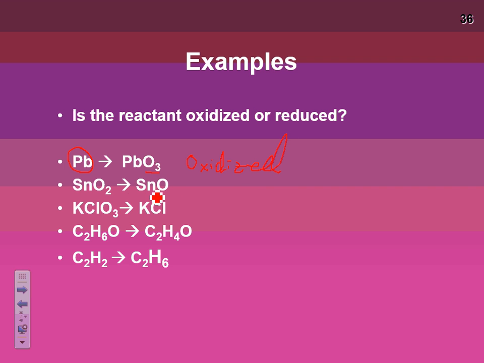Next, tin oxide, specifically tin(IV) oxide if you wanted to name it. This one has lost an oxygen, so this one would be reduced. This next one, potassium chlorate, loses all of its oxygen, so all you have is potassium chloride, another salt. Since it lost oxygen, it would be reduced.